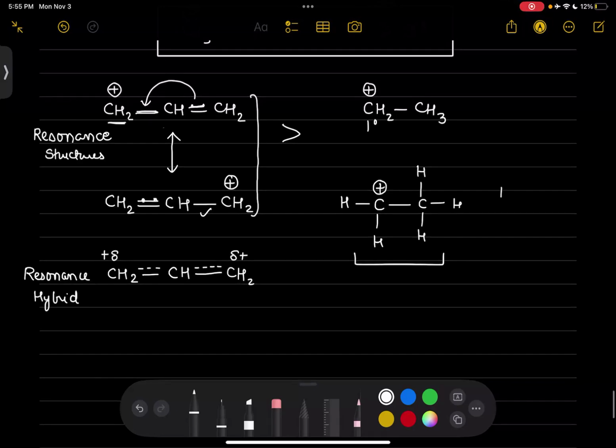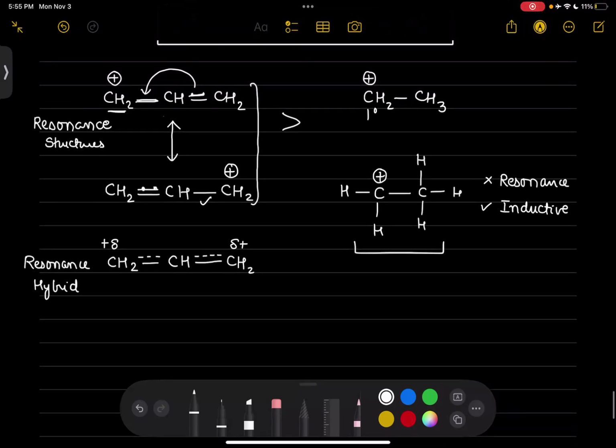Is it stabilized by resonance? No, it cannot do resonance. It is stabilized by inductive effect. And it is also stabilized by hyperconjugation.